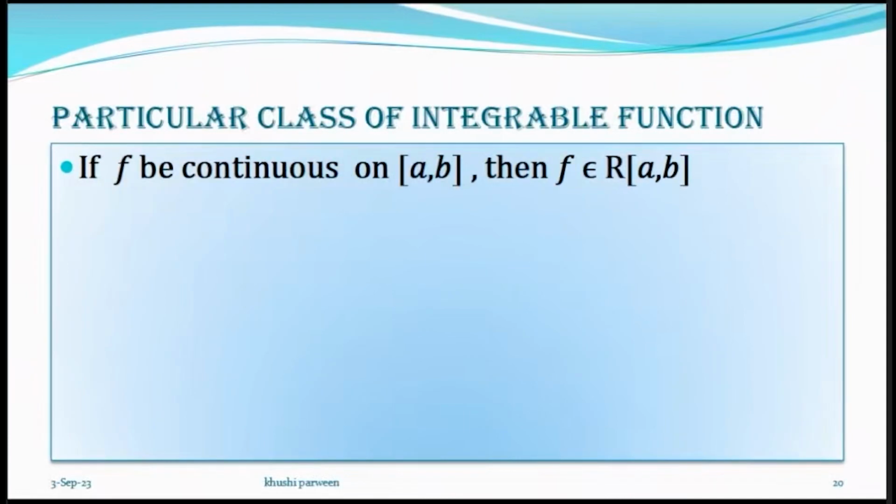Now I am going to prove this theorem, which is the important application of the theorem I proved earlier. This theorem states that if f is continuous on the closed interval [a, b], then f belongs to R[a, b], that is, f is Riemann integrable.